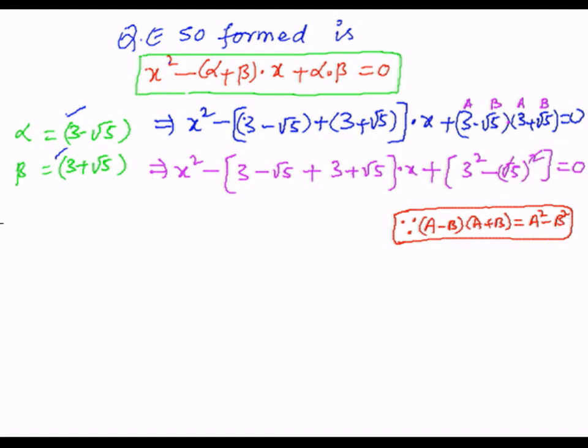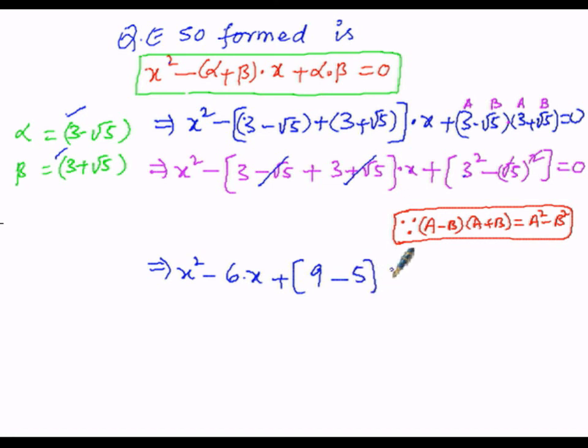Then the next logical step: x square minus, within this bracket plus root 5 and minus root 5 get cancelled, then 3 plus 3 is 6 multiplied with x. Plus within the bracket 3 square, which is 9, minus, the root and square get cancelled, so only 5 is left over.